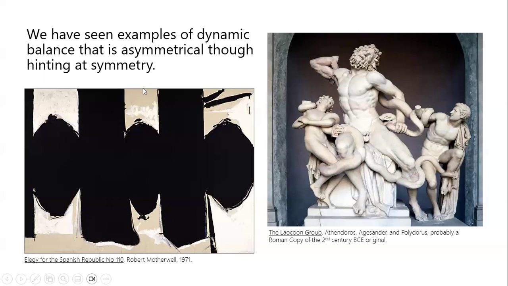Or similarly, there is this sense within Robert Motherwell's Elegy to the Spanish Republic, or this particular one, of there being some almost symmetrical balance, except everything's been shifted over, right? If this was cropped slightly differently, and maybe just had less.